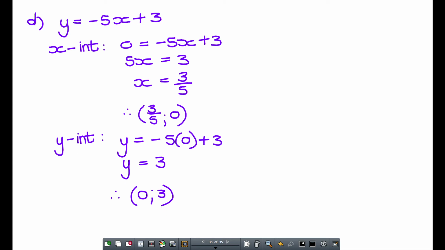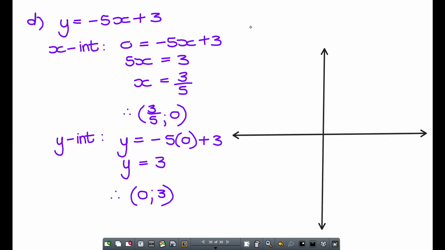Okay, if I were to draw that, your x and y axis, something like that. And it's going to cut my y-axis here near your... Hold on.